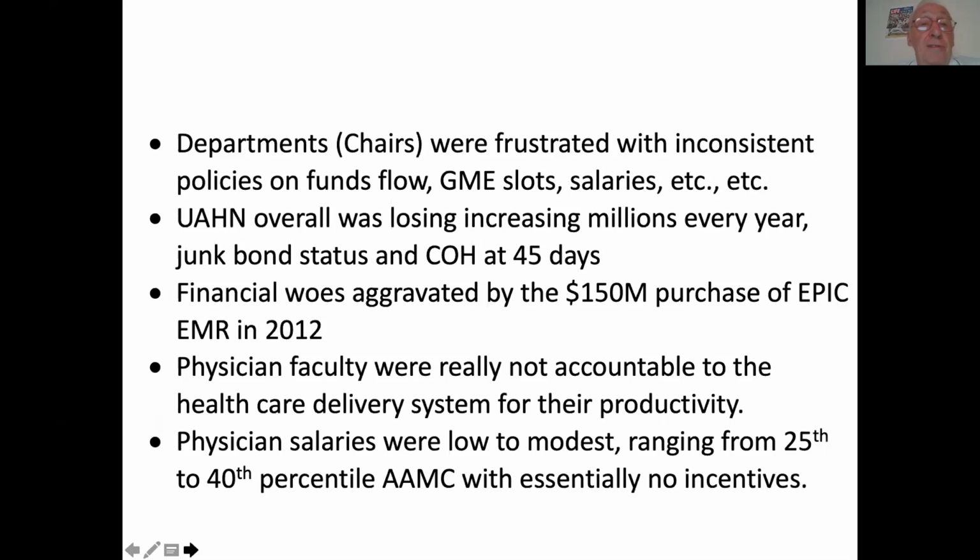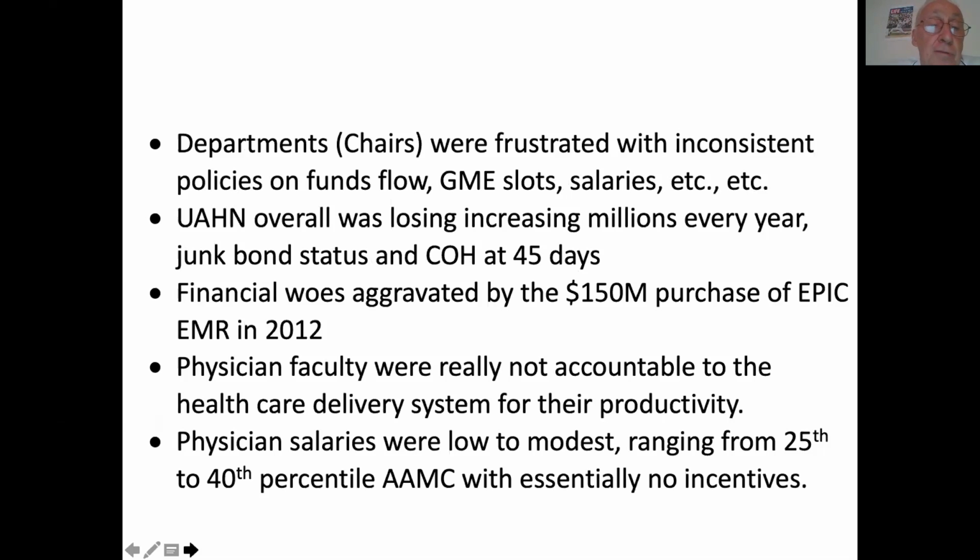While department chairs were frustrated with inconsistent policies on funds flow, GME slots, salaries, et cetera. UAHN overall was losing increasing millions every year, went to junk bond status, and had cash on hand of only 45 days.